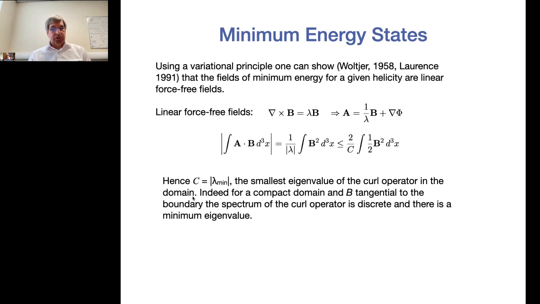And indeed, for the initial scenario for which Arnold wrote down this inequality, we have a compact domain, and B is tangential to the boundary, and then the spectrum of the curl operator is discrete, and there is indeed a minimum eigenvalue, where minimum eigenvalue means minimum modulus of the eigenvalue.